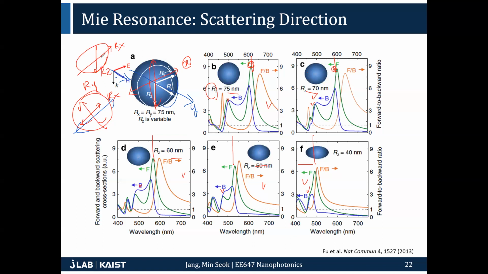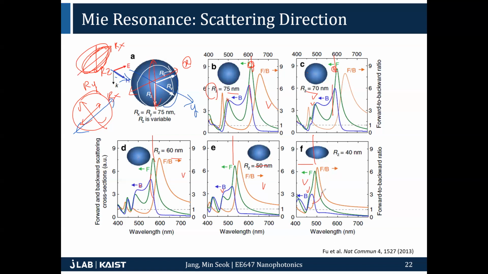So as you squeeze the thing, you're making your circuit more and more squeezed. The effect of this deformation is much more drastic compared to the effect on the electric resonance. So the magnetic resonance moves more rapidly compared to the electric resonance.